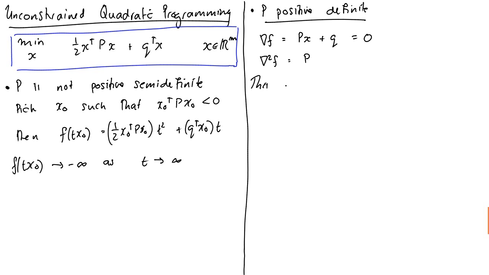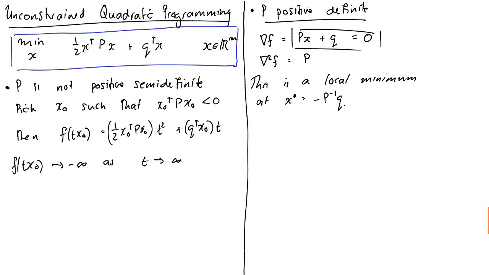This is a local minimum. At x star, just solving this equation here, x star equals negative P inverse q.